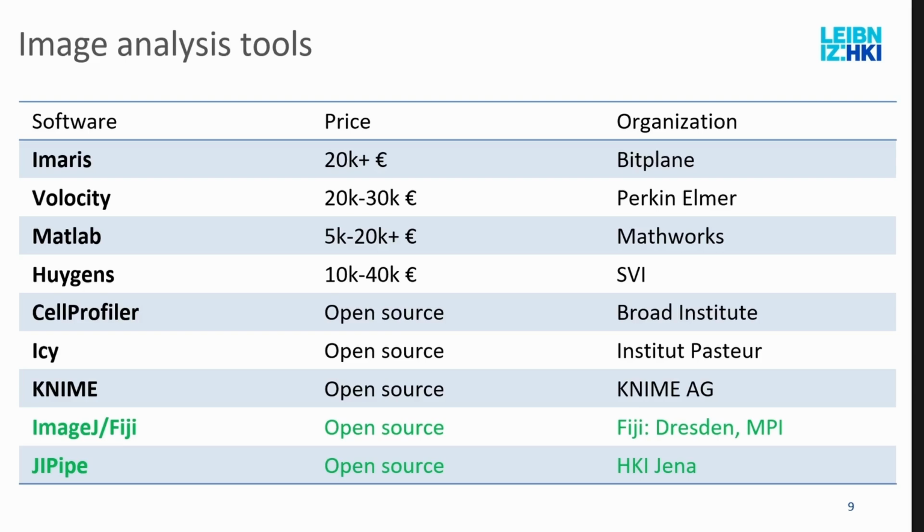KNIME has its own image processing, although it mostly focuses on data processing in general, so working with statistics and tables. And then you have the interactive tool that is very popular, ImageJ or Fiji, the distribution of ImageJ with lots of plugins. And then built on that ecosystem also JIPipe, which is what this course is about.